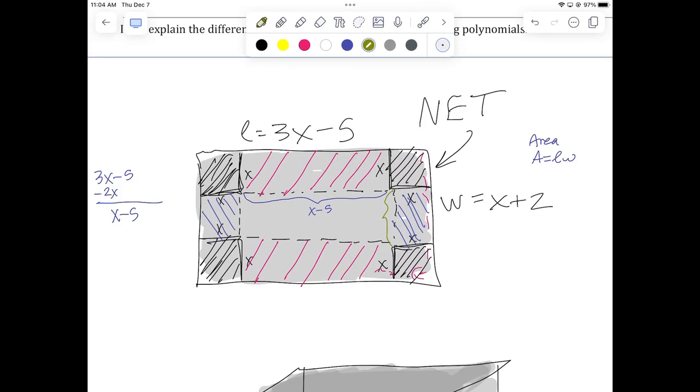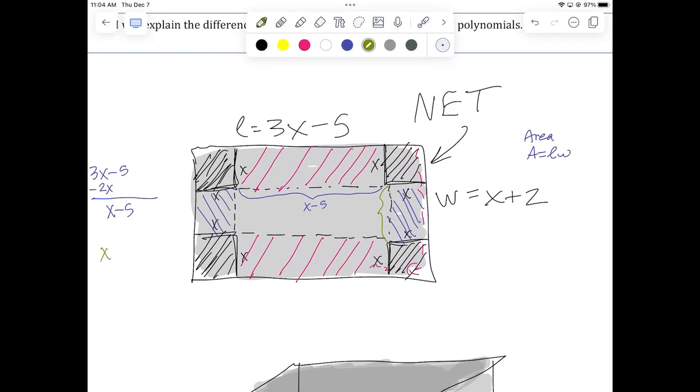Negative x, right? Plus 2. Negative, ooh, that's kind of gross. Way to go, Max. If I do that over here, it started as x plus 2, and I took out a 2x, one from each side. I get x minus 2x, that's negative x plus 2. So this is negative x plus 2. I think I have all the dimensions to all my rectangles now, don't I?